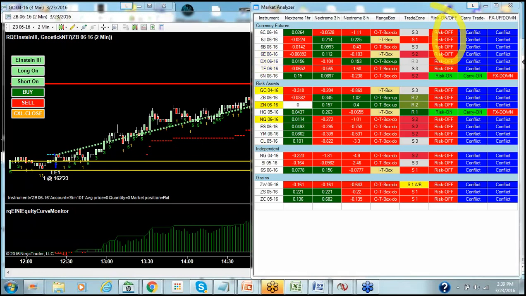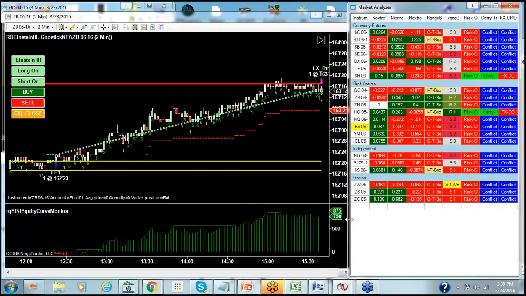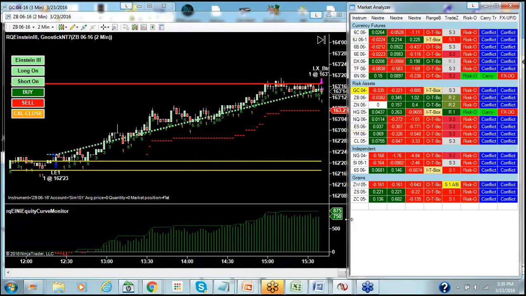So with risk-off, you want to look at shorting risk assets such as crude. We had a nice trade in crude earlier. Short the S&P, short copper, and then go long the safer haven assets such as the notes or the bonds.